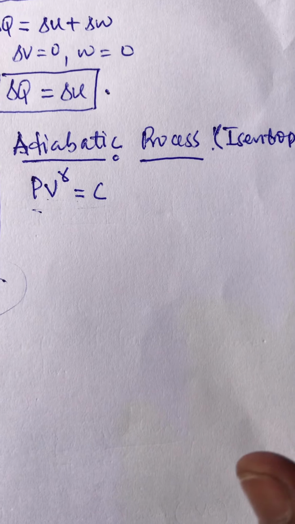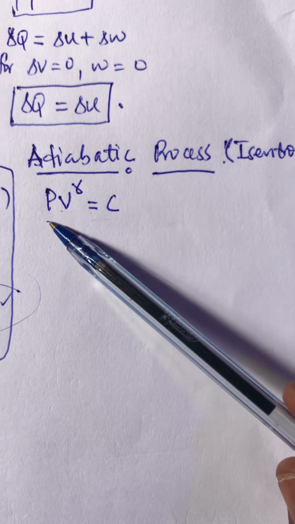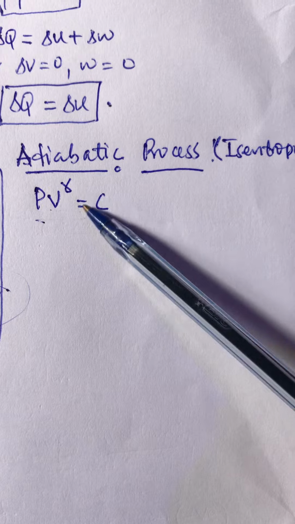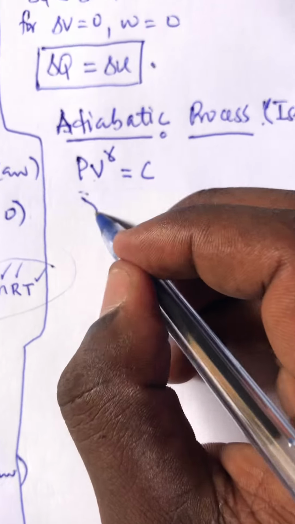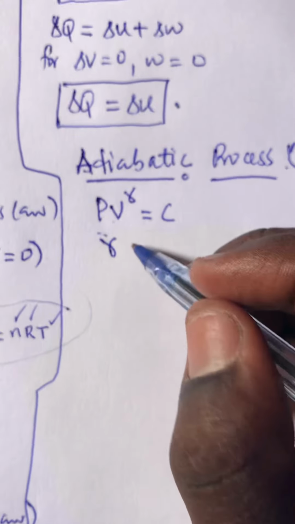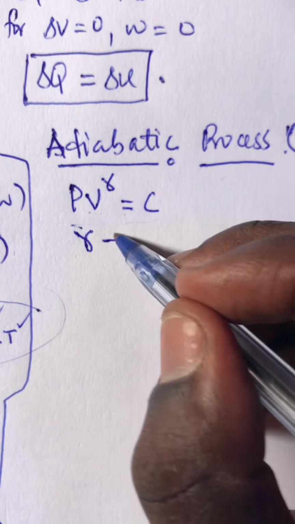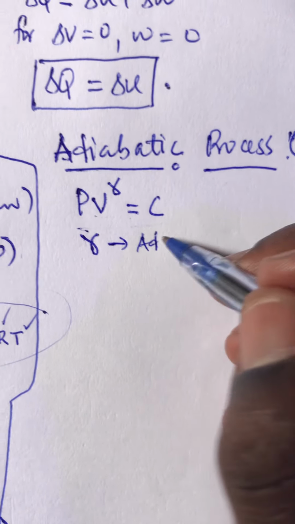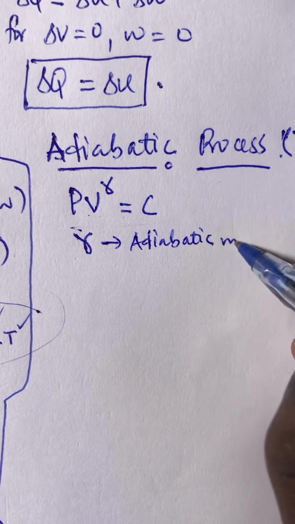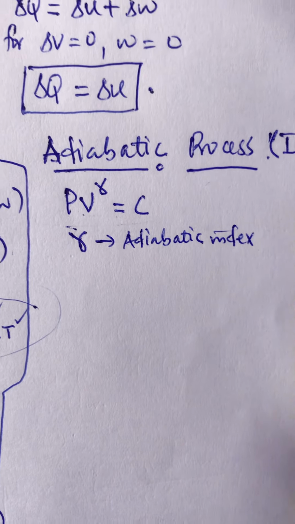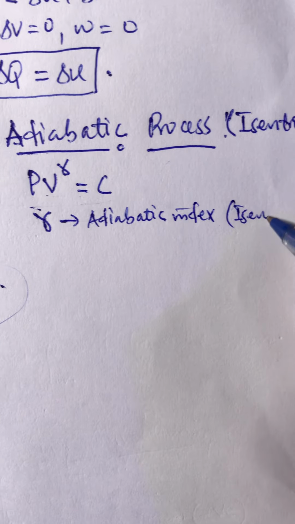The best thing you have to know is that whenever they talk about an adiabatic process, PV gamma is equal to a constant. You get that? Where gamma is what we call the adiabatic ratio, the adiabatic index, or the isentropic ratio.